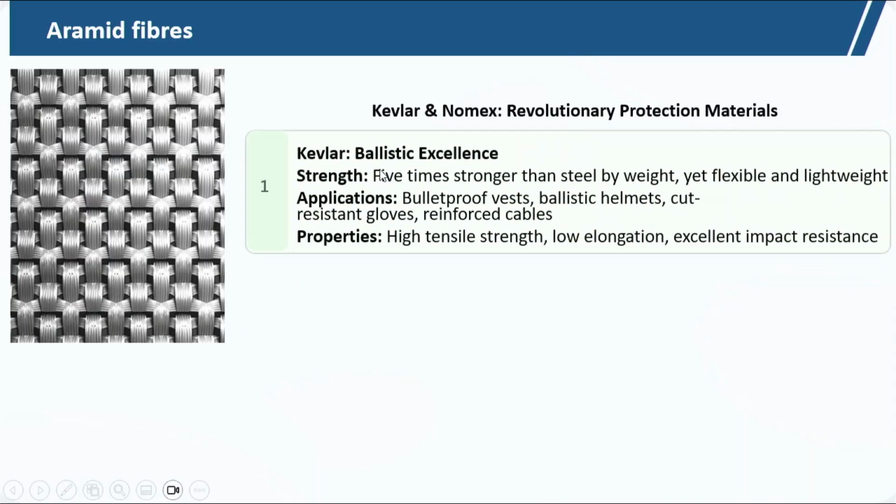So, Kevlar, for ballistic protection we use Kevlar fiber due to its high strength, okay, 5 times stronger than the steel by weight, yet it is flexible and lightweight. Okay. That is the beauty of this fiber.